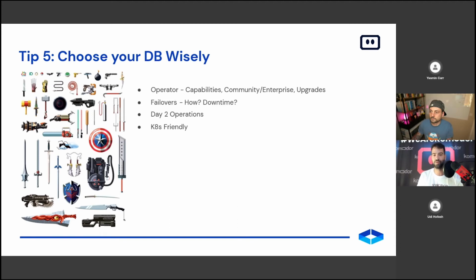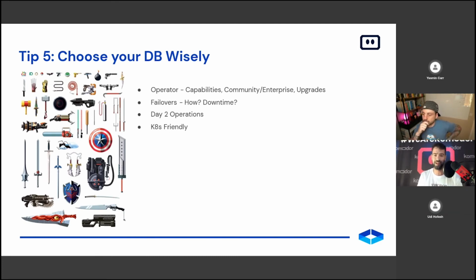You need to know if it's active-backup and you need to do failover in the old classic way, or a more consensus-based algorithm, where all the nodes can decide who is the leader right now, and then it's a healthier, faster and smoother failover. You need to know that when you're choosing the database.